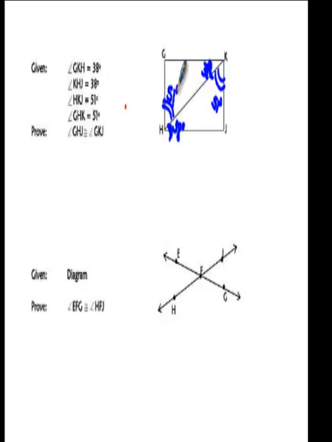They want me to prove that angle GHJ, which is this angle, is congruent to angle GKJ, which is that angle. So they want me to prove that those two angles are in fact congruent.